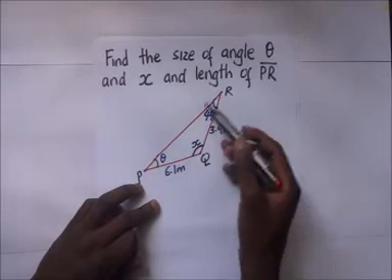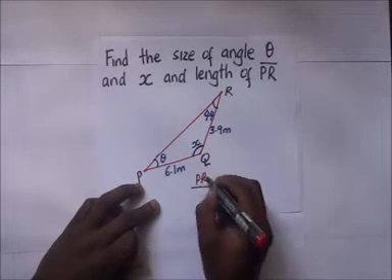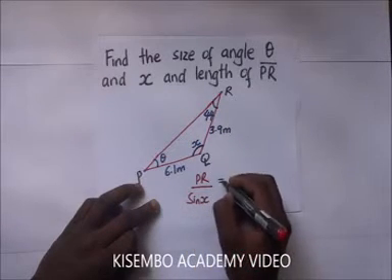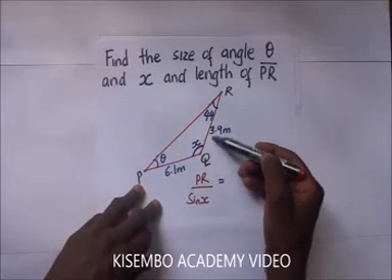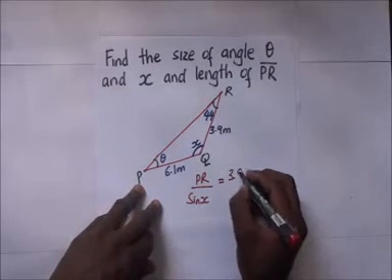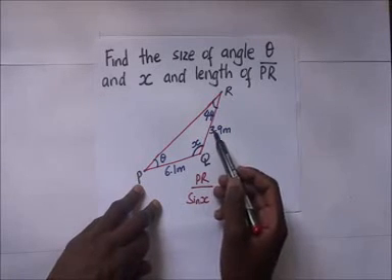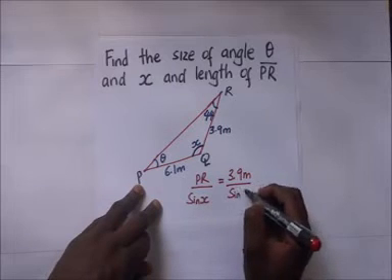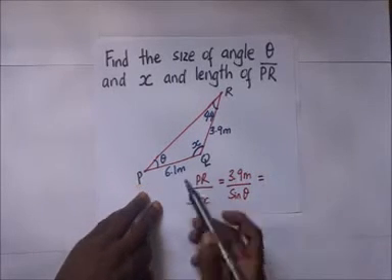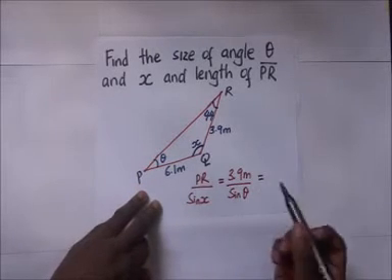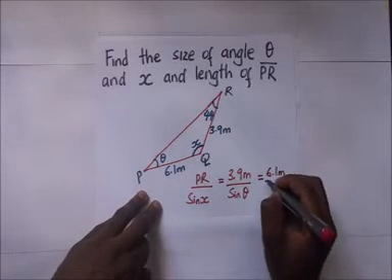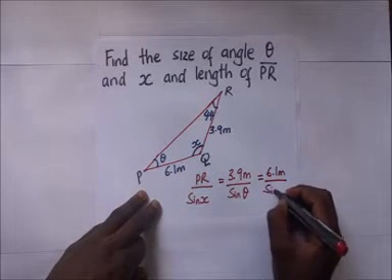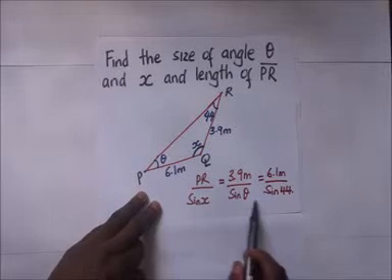So we have line PR over the sine of the angle opposite it, which is sine of x, equal to the line 3.9 meters divided by the sine of the angle opposite it, which is theta, equal to the line 6.1 meters divided by the sine of the opposite angle, 44. So this is the sine rule.